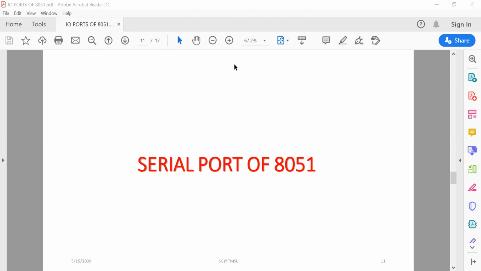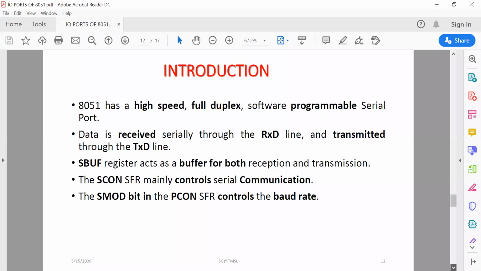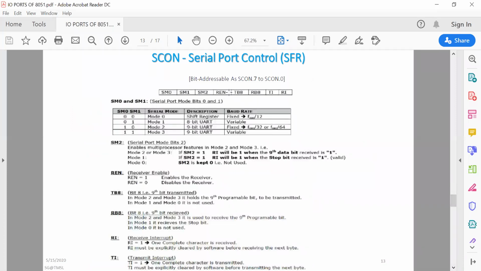Okay, so there is a configuration of the SCON register, given in this way. SCON is basically the serial port control register. It's a bit addressable register: SCON.0, SCON.1, SCON.2 up to SCON.7. Okay, it is bit addressable.